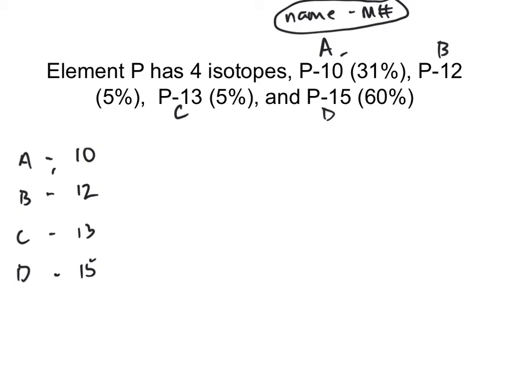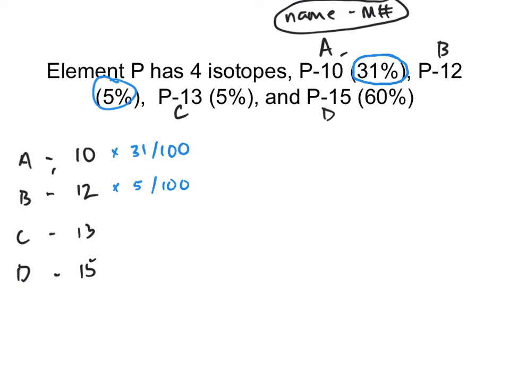Well, what's the next step? For P10, it's 31%, so times 31 divided by 100, because we have to get rid of the percent and put it in a decimal. For B, it's 5%, so times 5 divided by 100.